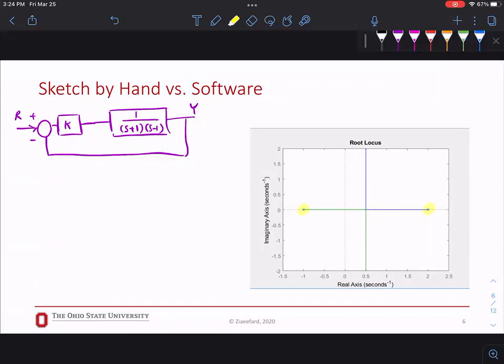So if we draw the s-domain for the plant, we have +2 and -1, correct? That's the plant, the two poles of the plant.